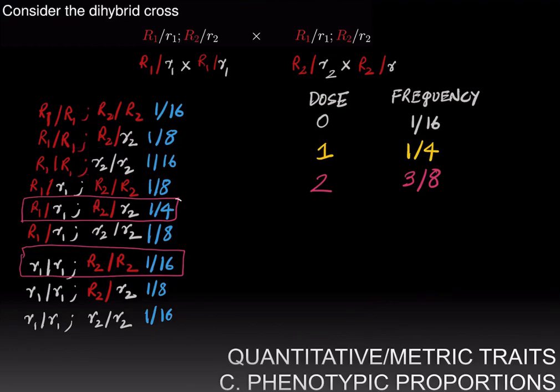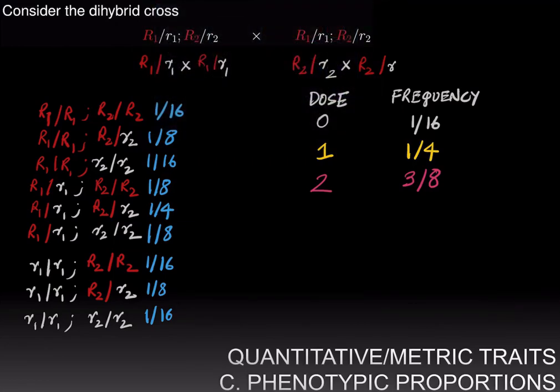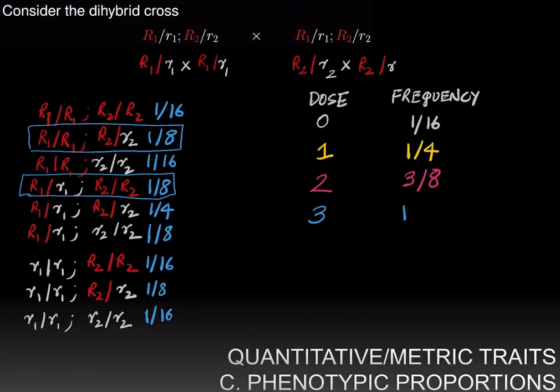Then we can do dose 3, and dose 3 means 3 pigment making alleles. So this individual as well as this individual, and 1/8 plus 1/8 is a quarter.